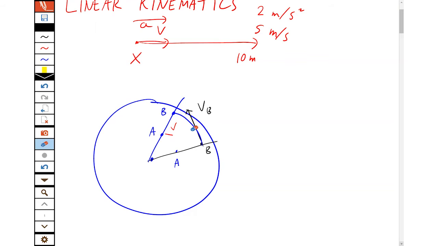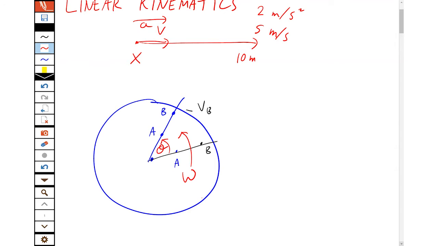So what I do instead is I talk about the angle they've moved. And once I'm starting to talk about angle instead of linear distance, then I talk about angular velocity. That curly W, it's the Greek letter omega, but just call it angular velocity because that's what it is.